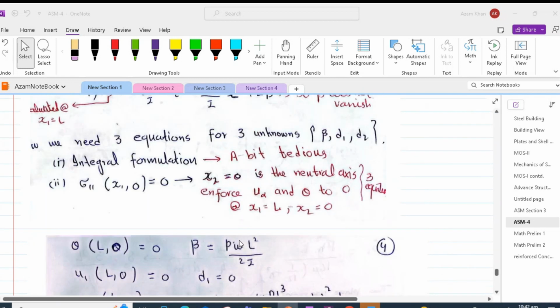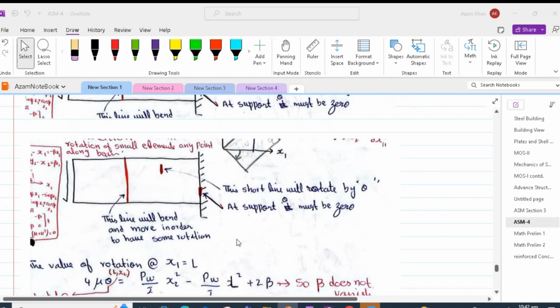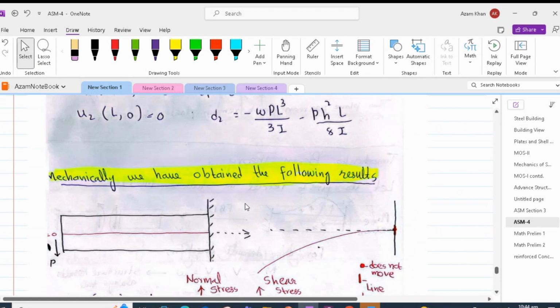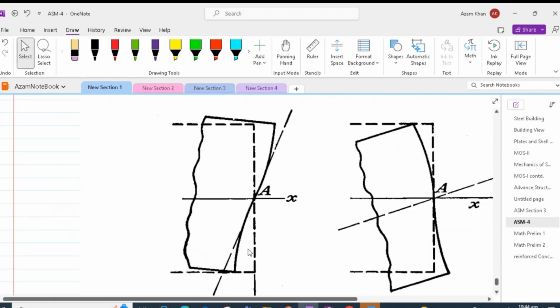Another important thing to appreciate is that the elementary beam theory is based on a plane section remaining plane. That means that if this section is straight, after bending it will be exactly straight. However, because of our assumption that it is only the neutral axis which is perpendicular to our root, allowing the rotation and displacement of the other fibers, we have a scenario which looks something like this one.